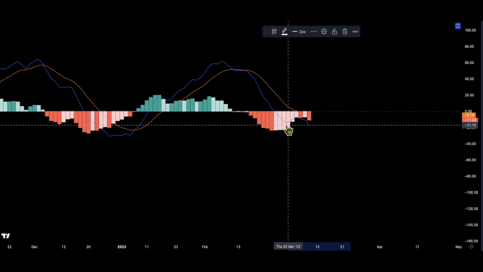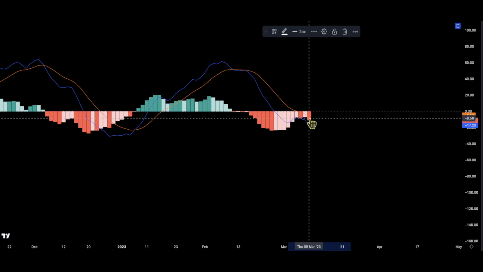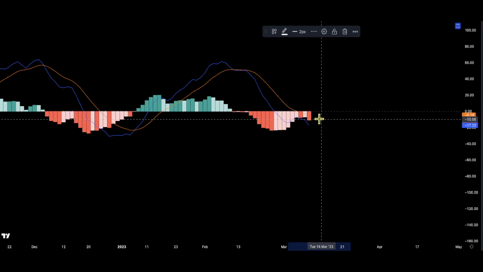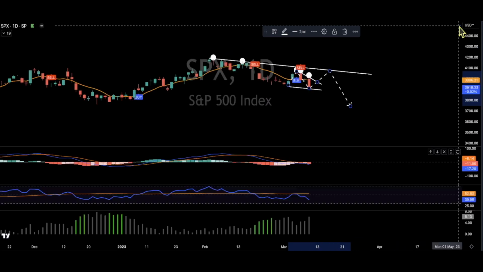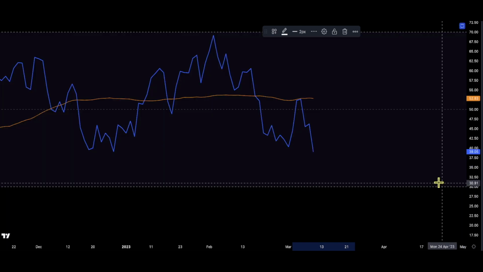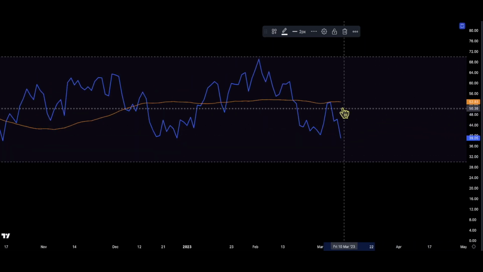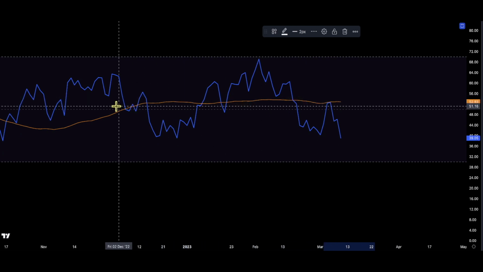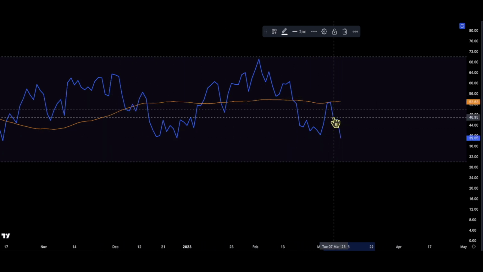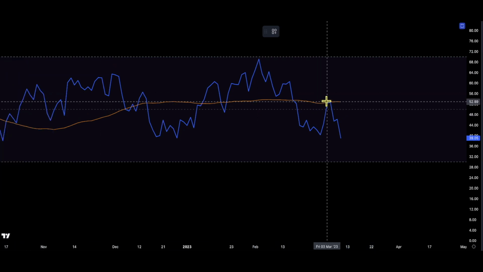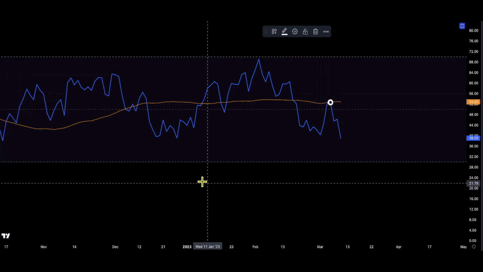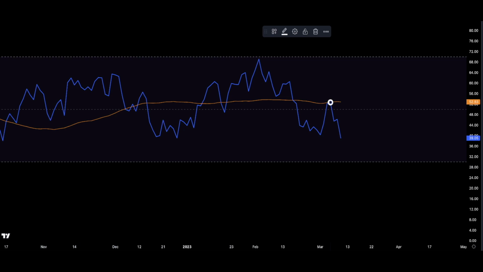Instead of red, they turn a little pink, but then we had a big red one here that tells me, whoop, it's going to continue to head down. And if you're familiar with the RSI, relative strength index indicator, this line here is the 50-day moving average. It went under the 50-day moving average. And actually, if you see here, it found resistance right at the 50.